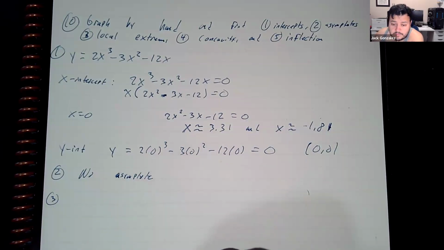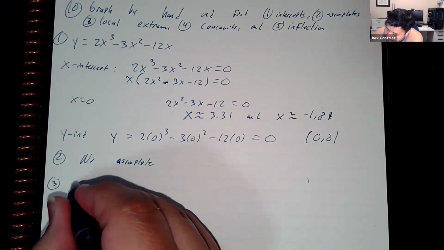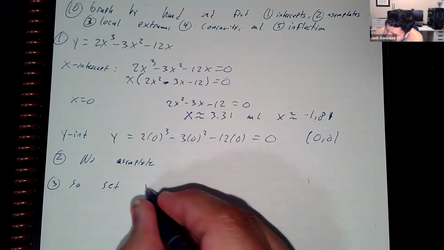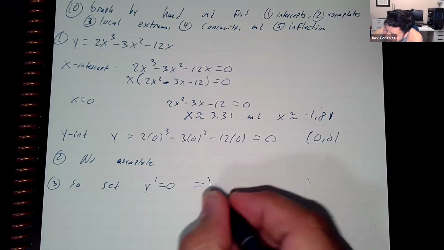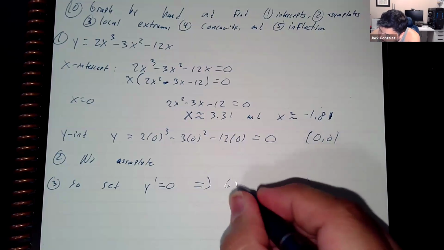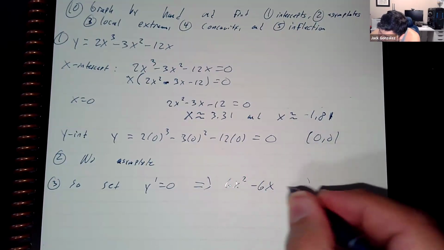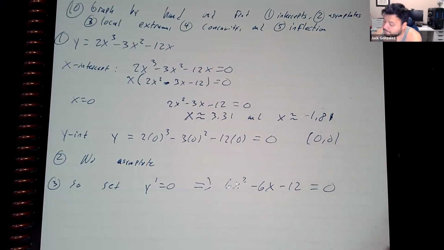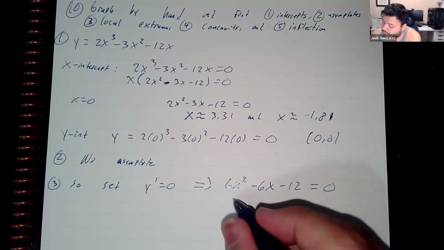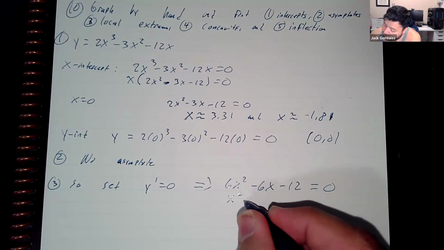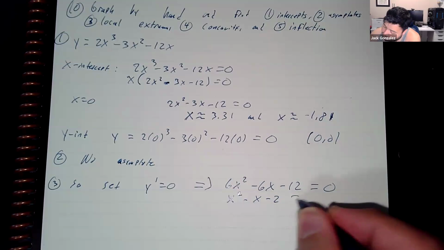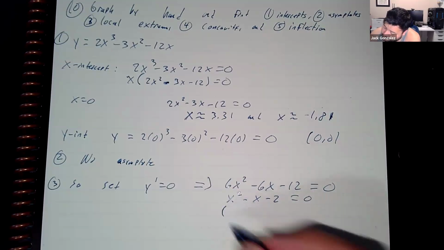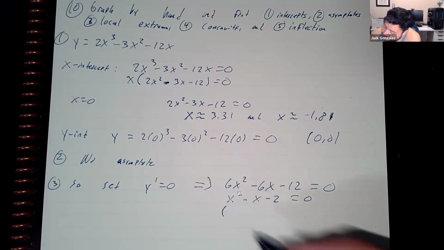So this is when we have to do the derivative. So set y prime equal to 0. That would be 6x squared minus 6x minus 12 equal to 0, which would be this guy. I think this factors nicely, right?